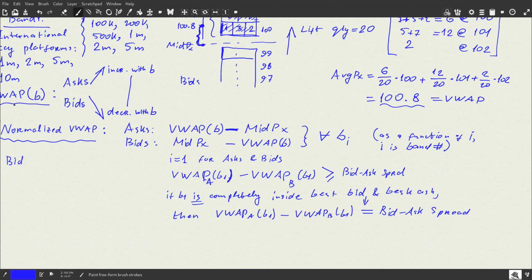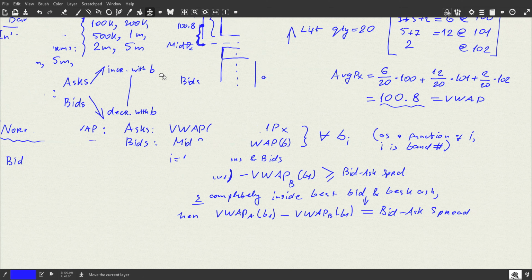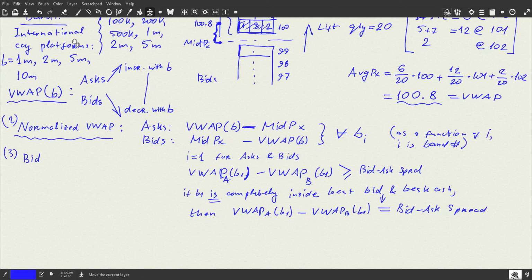And for that reason, I absolutely agree that the normalized bid-ask spread must be considered as a standalone feature. So that's absolutely correct. And yet, so this is feature number 3, yes.